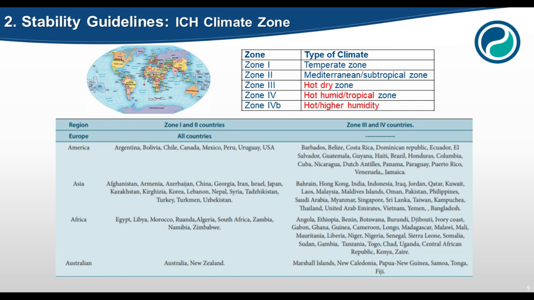Many countries from Southeast Asia, Turkic area, Africa, and the Southern Hemisphere are in Zone 3 and 4, where in general the climate condition is hot, dry, or hot, humid. So for different climate areas, there are different stability condition requirements from the ICH guideline.